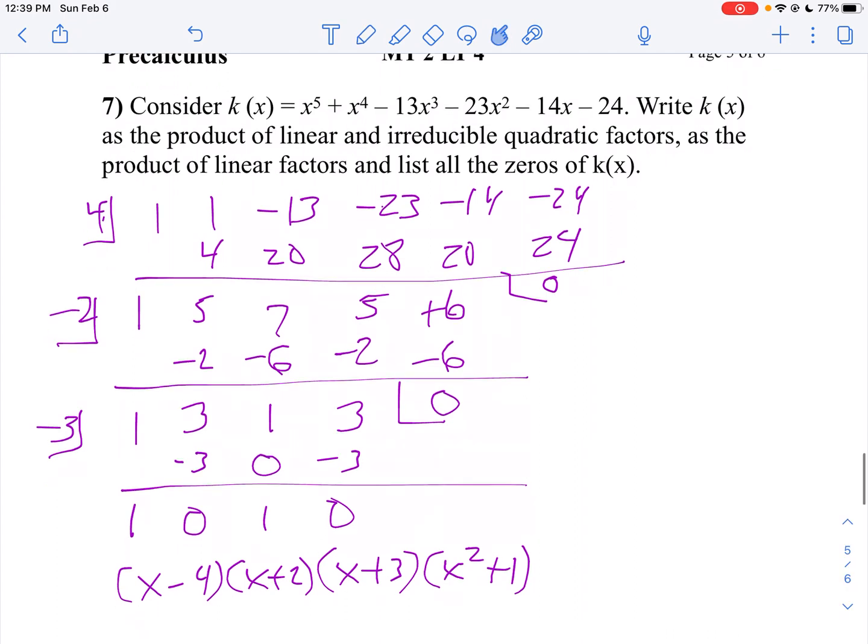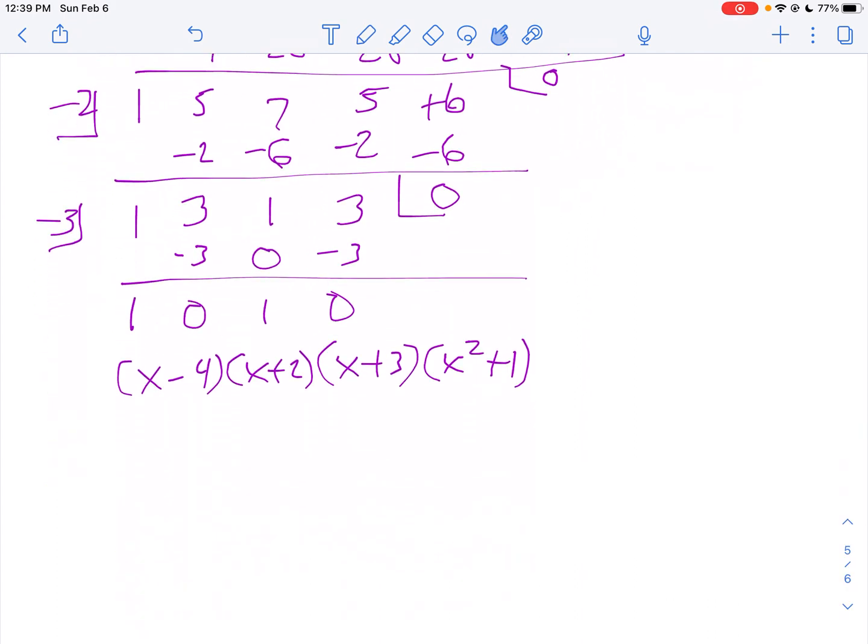Now I want to actually factor that x squared plus 1. Well, notice if I solve x squared plus 1 equals 0, I'll get x squared equals -1. So x is positive or negative i, because I take the square root of both sides.